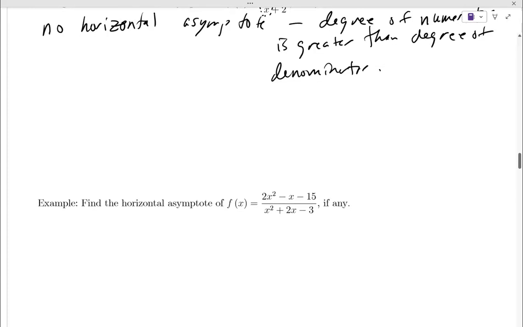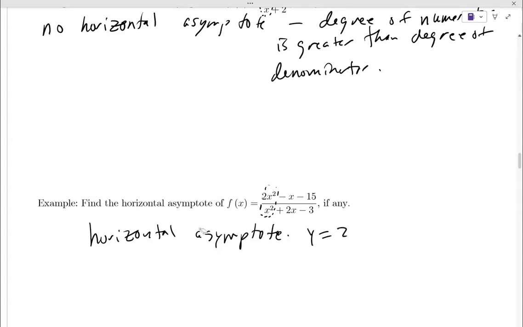All right, so let's look at this one. What two things do you think you should concentrate on for horizontal asymptotes? The highest degree term in the top and the highest degree term in the bottom. If you just look at those two terms, what would that simplify to? That simplifies to 2. So what would you think the horizontal asymptote is then? Specifically, since it's a horizontal line, we should write y equals 2.